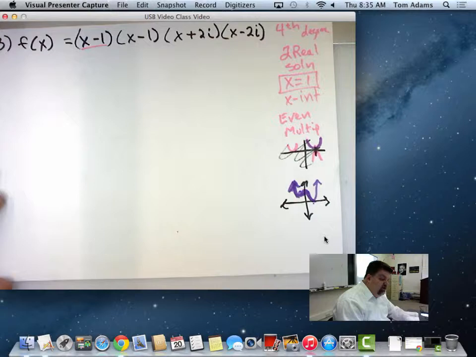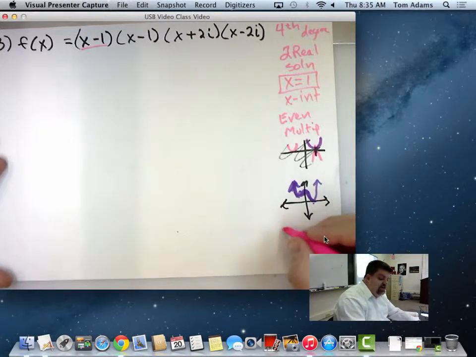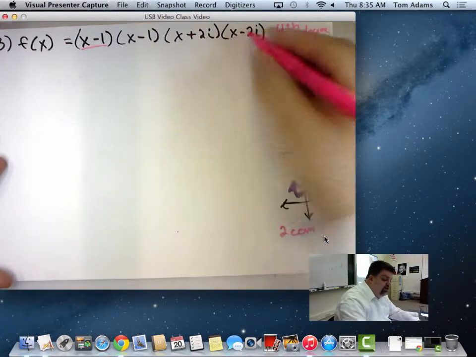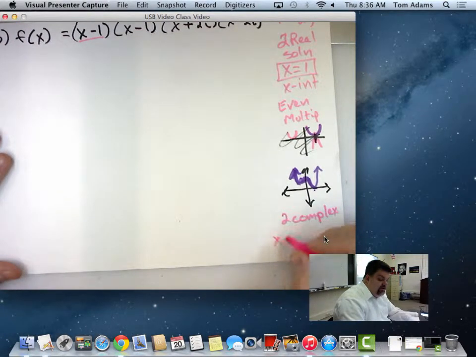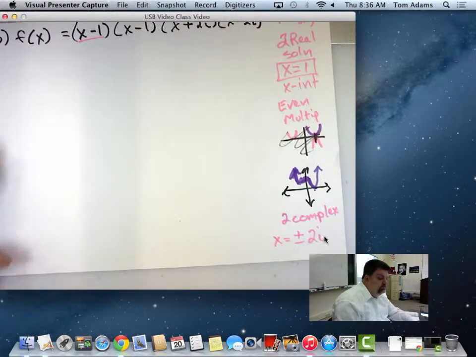And what else do we need to know? So if it has 2 real solutions, then, because it has to have 4 solutions, it also has 2 complex, right? How would we get those complex solutions? Set those equal to 0. So that would be x is equal to plus or minus 2i, right?